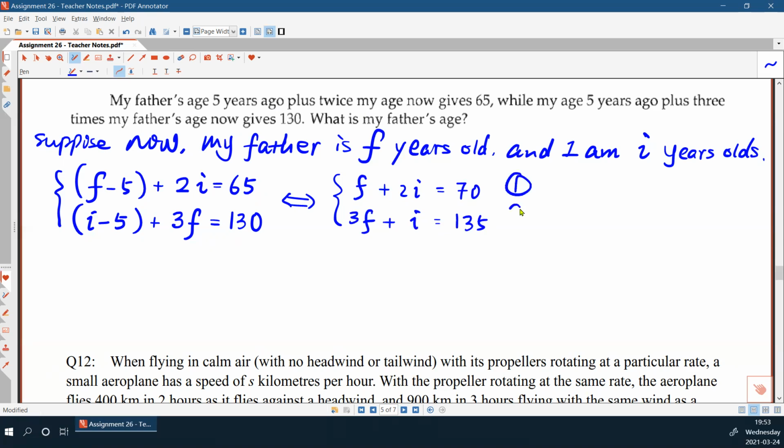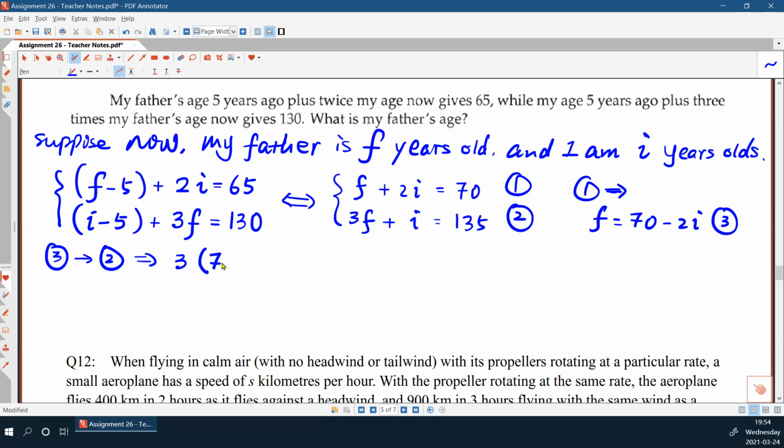The first equation tells us F is 70 minus 2I. Let's call this equation 3. Then we can put 3 into the other equation, equation 2, to get 3 times (70 minus 2I) plus I equals 135, right?